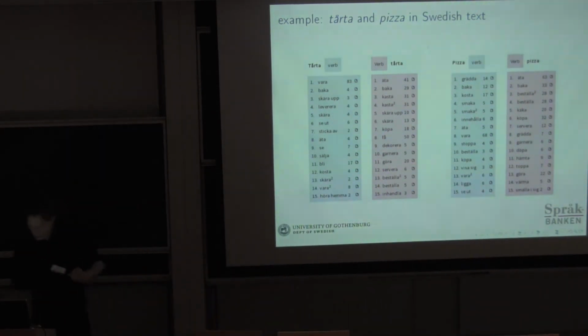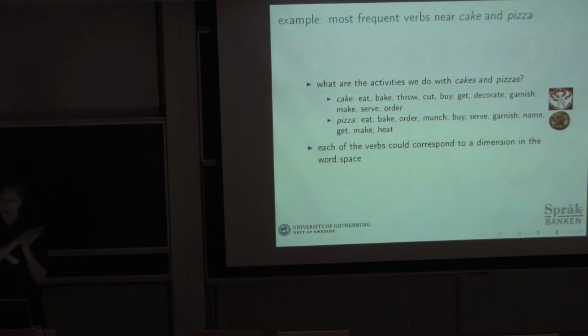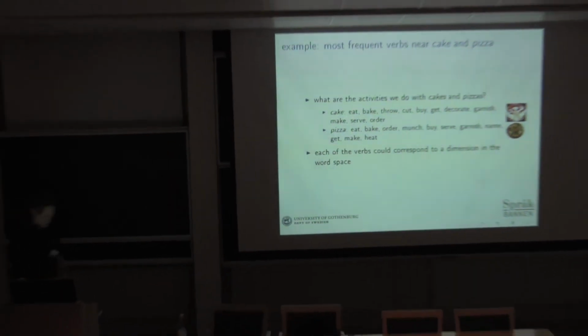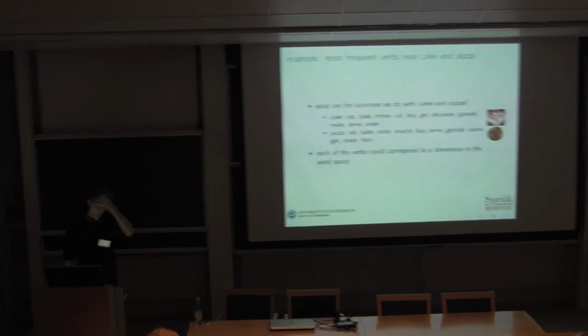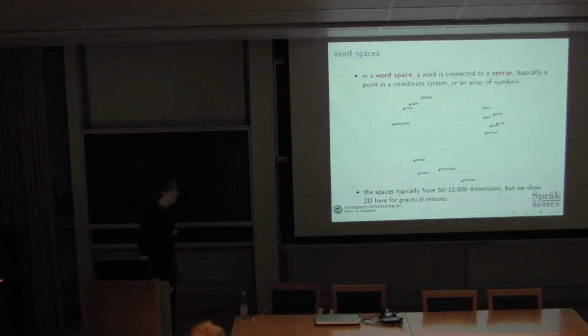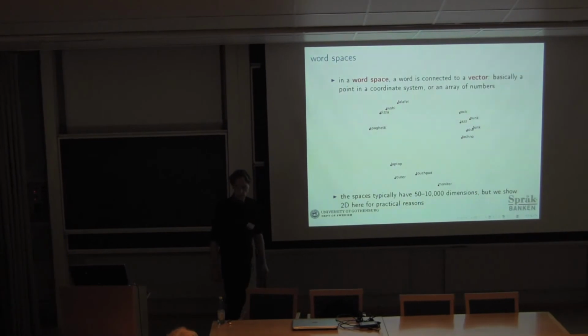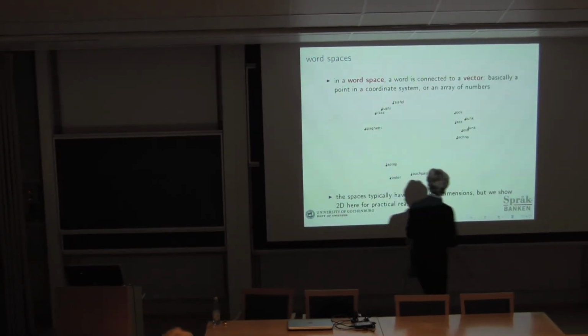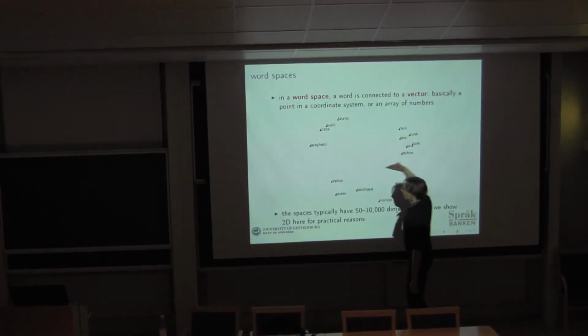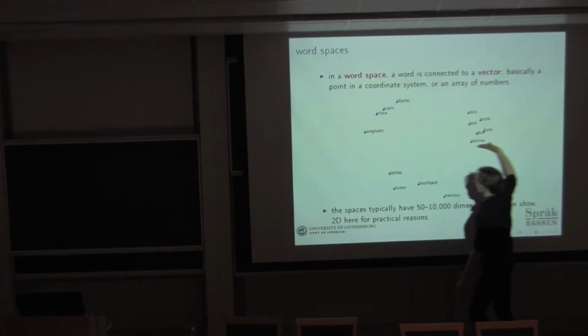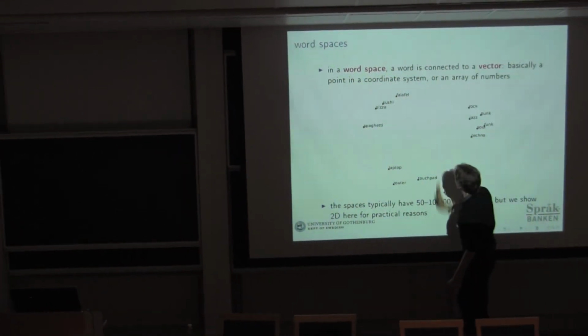Okay, so this is kind of simple, but then, as I said, in practice we will convert this big matrix into a small matrix. So we do something called a dimensionality reduction. And the problem then, of course, is that the individual dimensions are not interpretable anymore. So for instance, if we just have this simple two-dimensional coordinate system, of course I cannot say anything about the meaning of this dimension or this dimension.